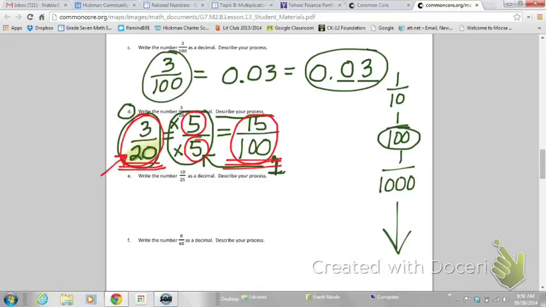But anyway, if I'm going to extend that through and write it as a decimal, which is what we have been assigned to do, that is going to be 0, because there are no wholes, and again, my decimal point, 0.15, because the last digit of that number needs to end up in the hundredths place.